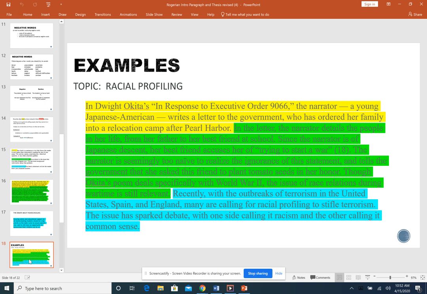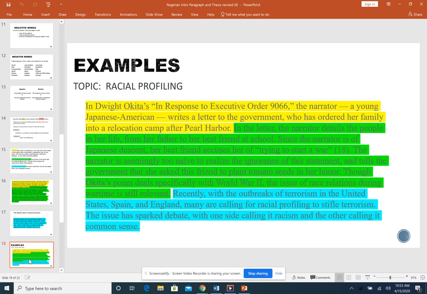Okay, so this hook is referring to a story or letter, and it's an emotional appeal about someone in a relocation camp after Pearl Harbor. Then the green is the background information, talking about Japanese descent. Tells the government that she asked this friend to plant tomato seeds in her honor, talking about World War II and the issue of race relations.